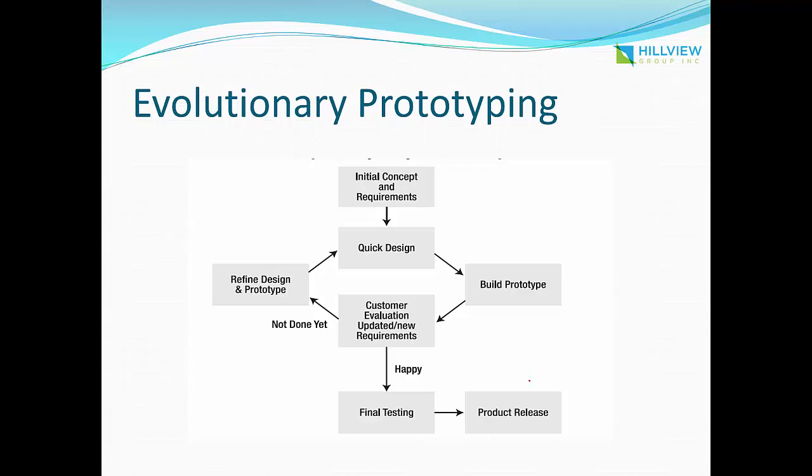Okay, what we are saying is this particular type, just like the waterfall is a type, this particular type of lifecycle model is best fitted for an incremental approach. And everything that we have talked about an incremental approach is what is used in this particular model. The name is just called evolutionary prototyping.